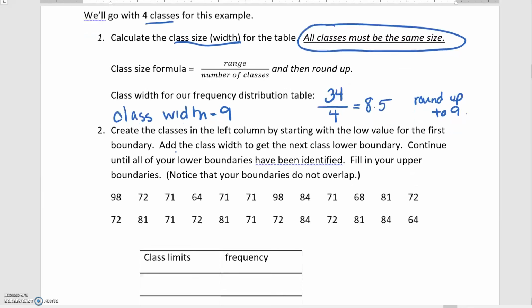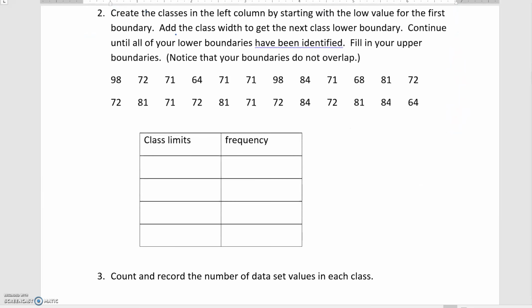So now we're actually going to create our frequency table. So we first make our intervals, or our class limits. And we begin with our minimum data value. So our minimum data value here is 64.